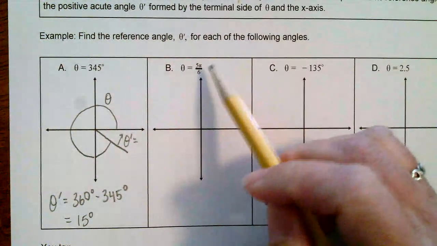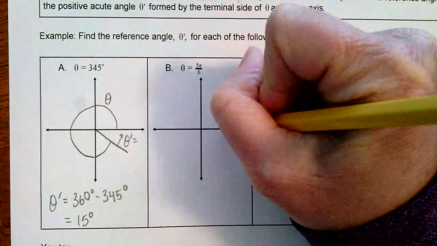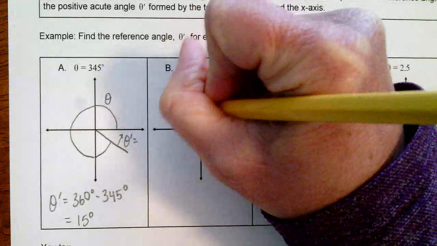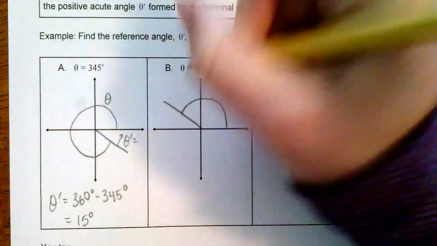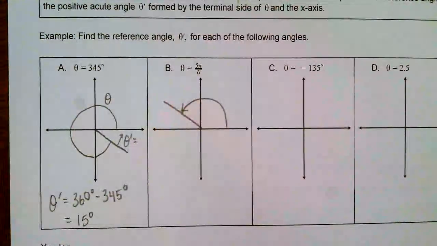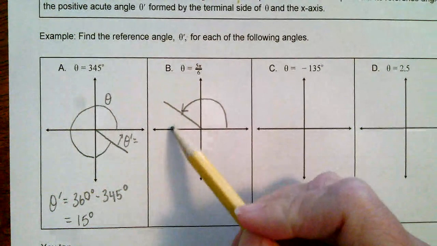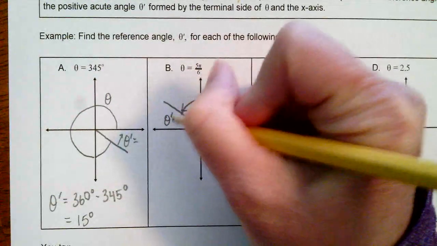Next, I am going to sketch in my angle 5 pi over 6. I know this is 3 pi over 6, and then another 2 pi over 6 would get me to 5 pi over 6. So again, I am looking for this angle right here. This is going to be my theta prime.